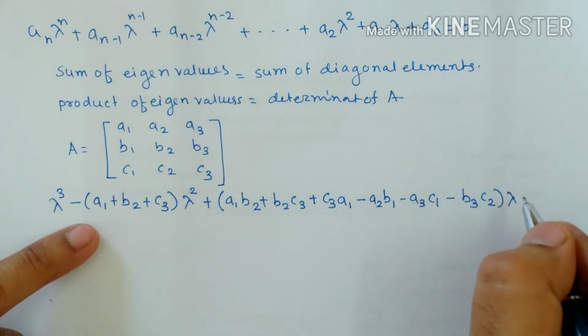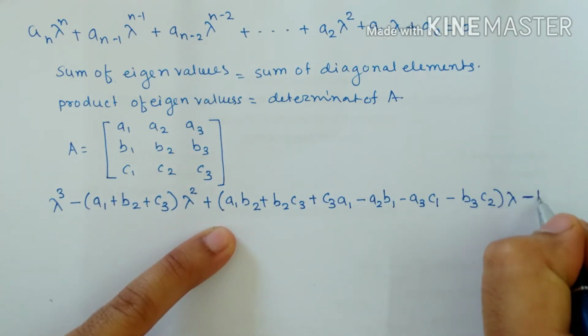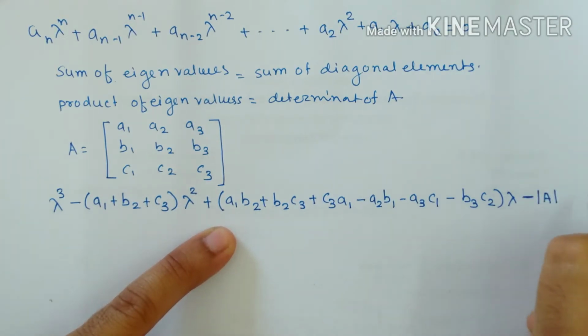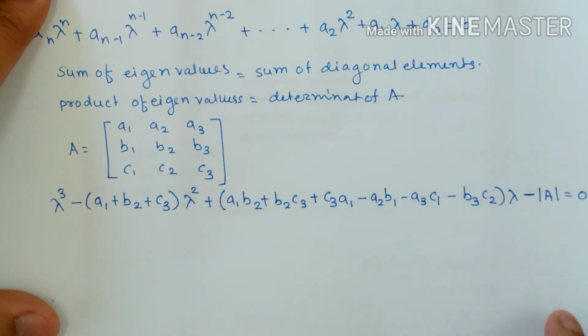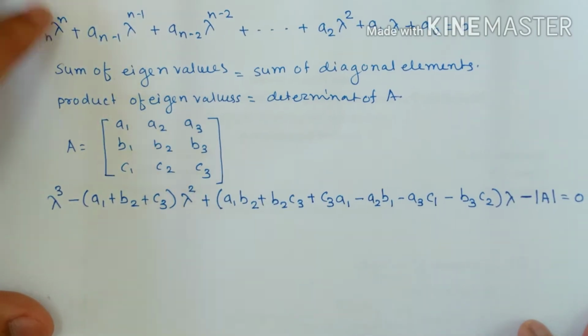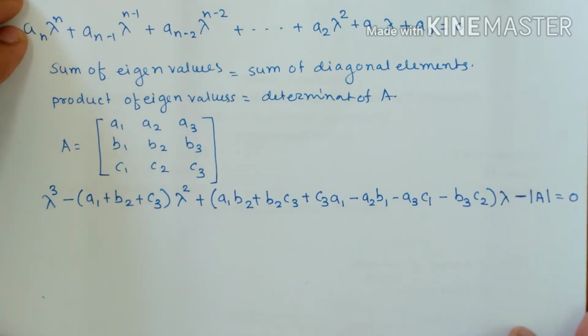First term with a plus sign, next term with a minus sign, next term with a plus sign, and the last term is again with a minus sign, which is a constant term, which is nothing but the determinant of A, is equal to 0. So this is the characteristic equation, or say the shortcut method for the characteristic equation, of a 3 by 3 matrix.